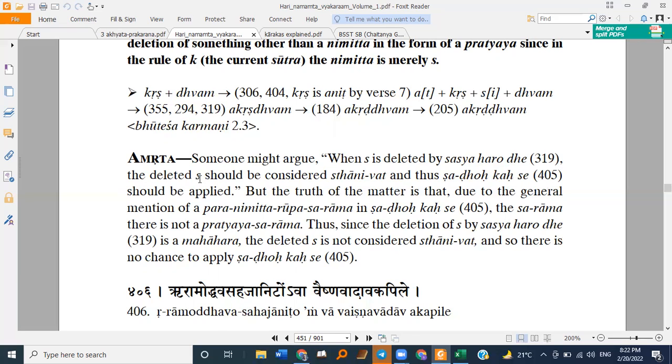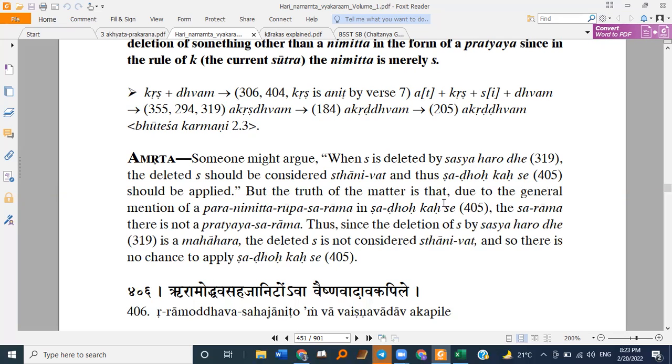So it is saying that the deleted Sa should be considered Sthanivat. I mean, even though we have deleted Sa by Sasya Harodhe, the effect should be there of Sa, and then we should apply Shadho Kasi, which means we should then convert the Sha of Krish into Karama. But we are not doing that.